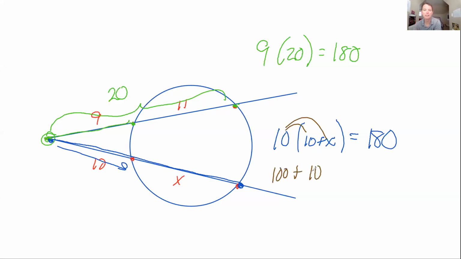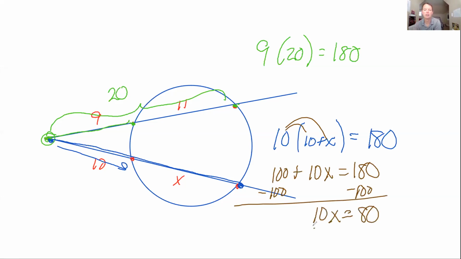100 plus 10x equals 180. Subtract 100. Hey, algebra. 10x equals 80. Divide by 10. X equals 8. Guys, there's nothing that connects the 11 to the 8.